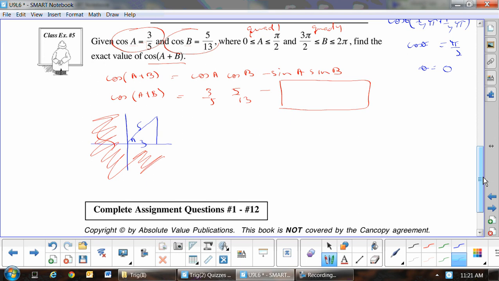So if I went square root 5 squared minus 3 squared, I get the answer 4. It's a 3, 4, 5 triangle, okay? So now I know that this is 4. So what does sine A equal? 4 over 5. I now know sine A.